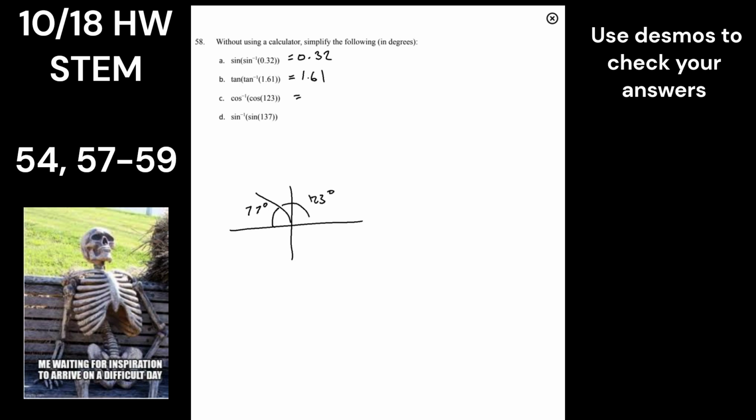Wow, I freaking messed that up. This is 57 degrees. When it projects onto the x-axis, there's no other way. That's the most efficient way for inverse cosine to describe it. So it would still be the same. It would still be 123.